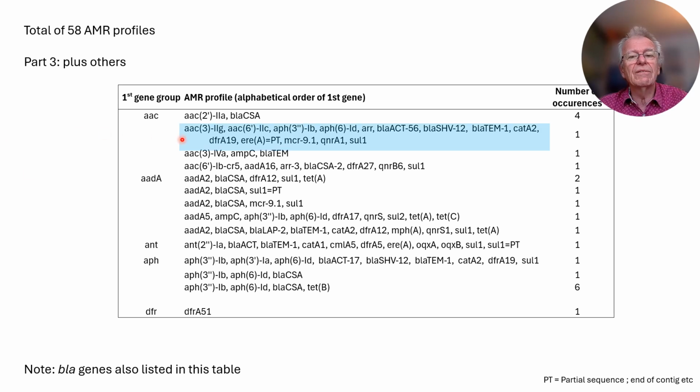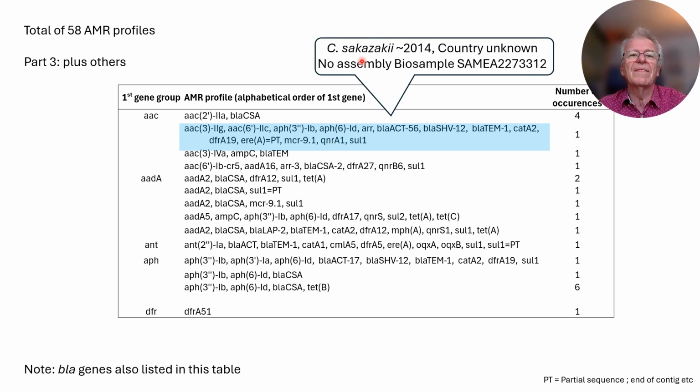This particular isolate caught my eye because it's got aminoglycoside resistance, it's got beta-lactamases, 1, 2, 3 beta-lactamases, it's got chloramphenicol resistance, trimethoprim, erythromycin, colistin, quinolone, and sulfonamides. And guess what? It's one of those for which there is no assembly available.